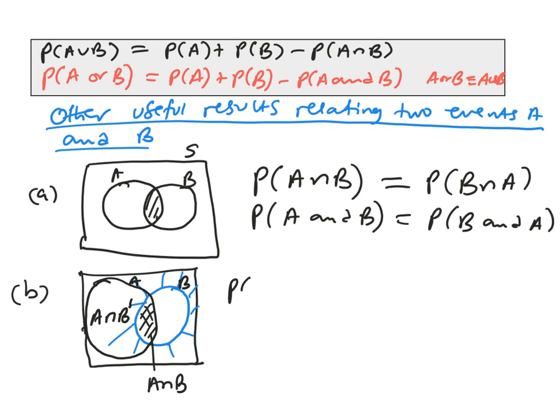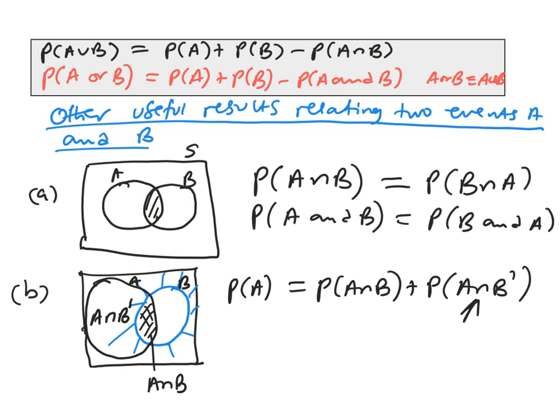So to be able to get the probability of A, what are you going to do? A is covering two regions. There is A intersection B, and then A only, which is A intersection B complement. So the probability of A is the same as the probability of A intersection B plus the probability of A only.